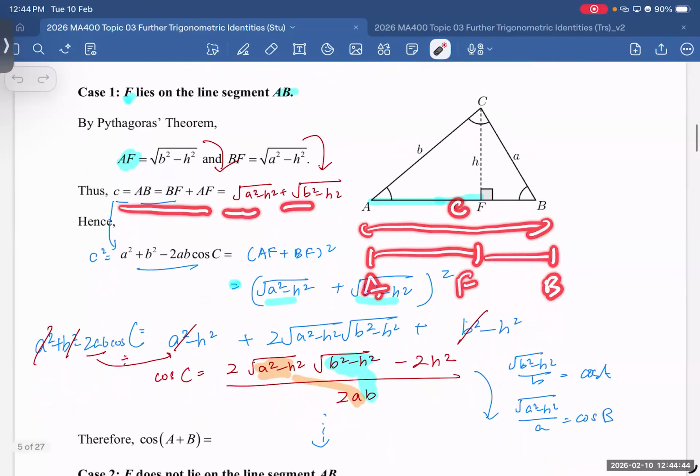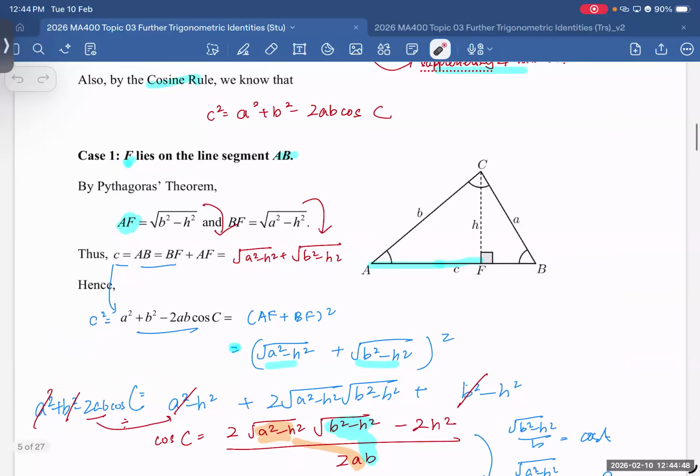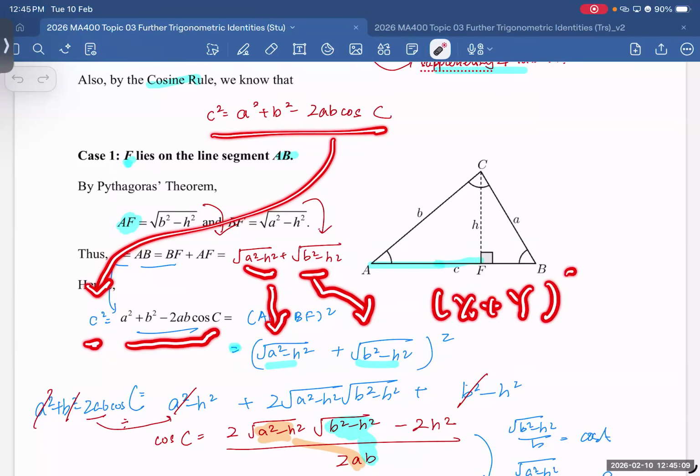So yesterday, we then mentioned that if you take c square using the cosine rule, so I copy this here. c square is a square plus b square minus 2ab cos c. It's the same as a plus b bracket square, you see? x plus y bracket square.